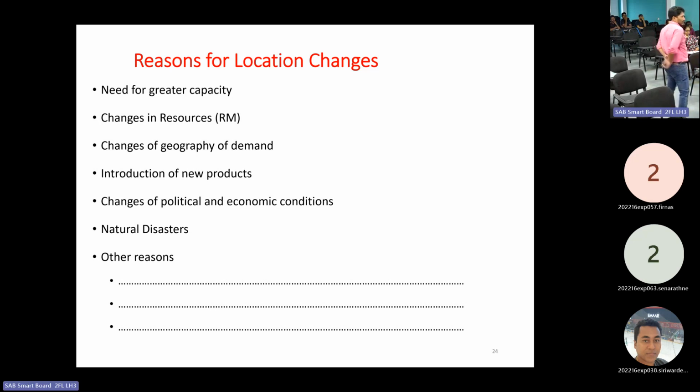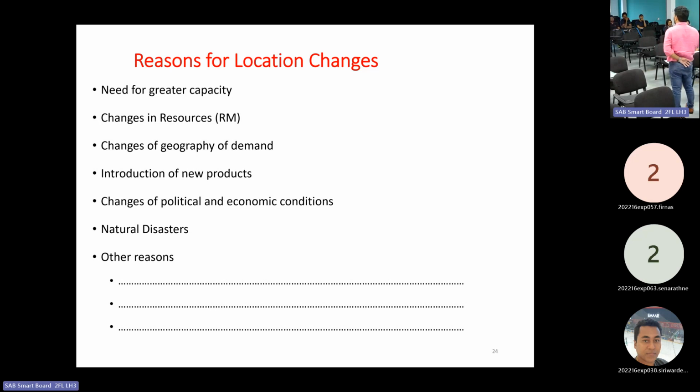Not only that, changes in political and economic conditions would also result in location change, like civil war, new rules and regulations, and natural disasters such as tsunami, flood, earthquakes.